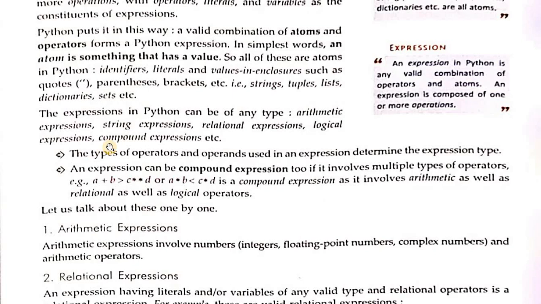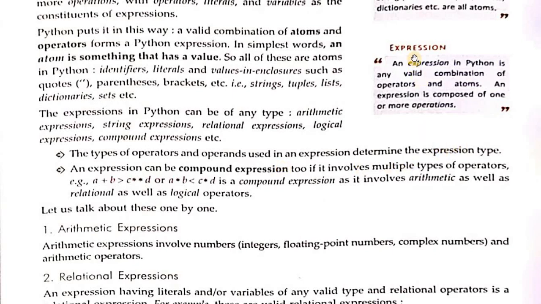And a compound expression means the expression may have arithmetic, relational and logical operators together. So if more than one type of operator is used in an expression, that forms a compound expression. The type of operators and operands used in an expression determines the expression type.